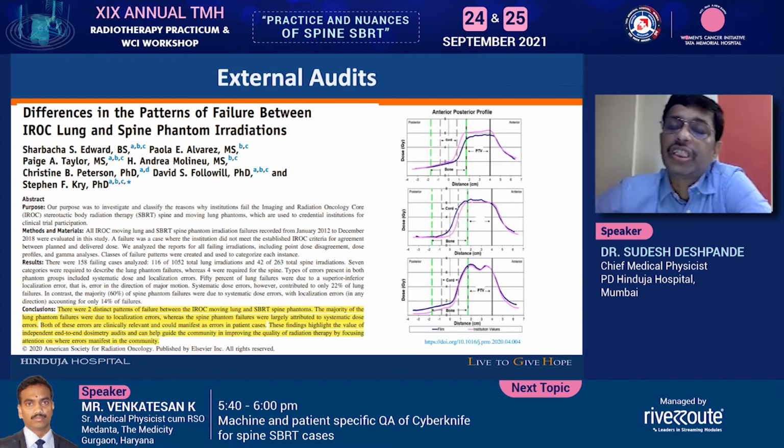Systematic error may be due to setup uncertainty. It may be due to not properly calculating the DLG or the MLC contribution, or not taking into account the proper output factor. What they observed is that 60% of the institutes had some systematic error in their failure.